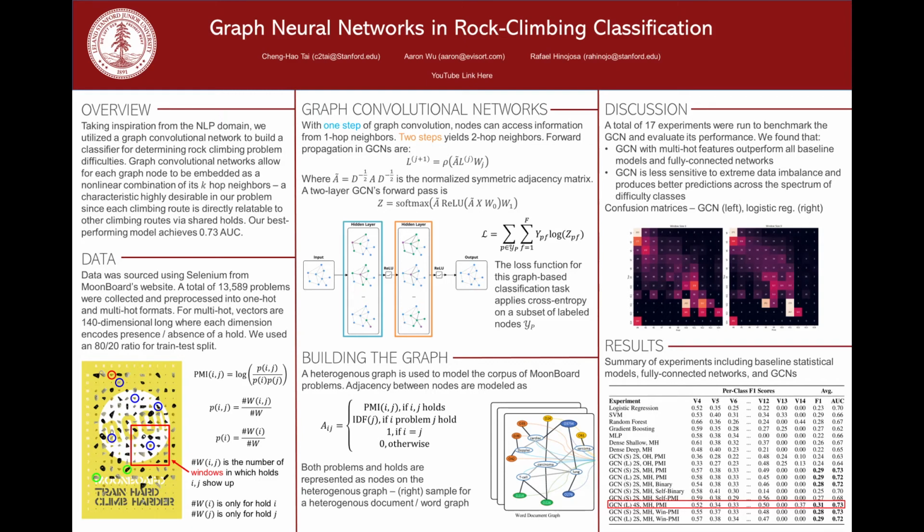The best experiment is outlined here below in red, with an AUC score of 0.73 and an average F1 score of 0.31. We also found that GCNs were more stable with respect to data imbalance, and they produced better predictions across the spectrum of the difficulty classes.